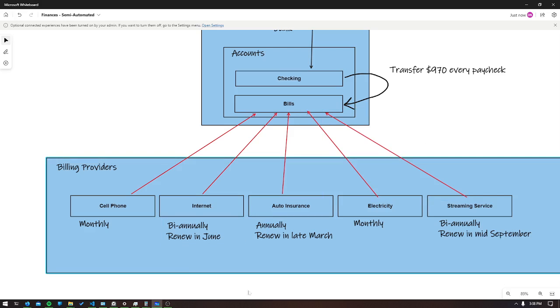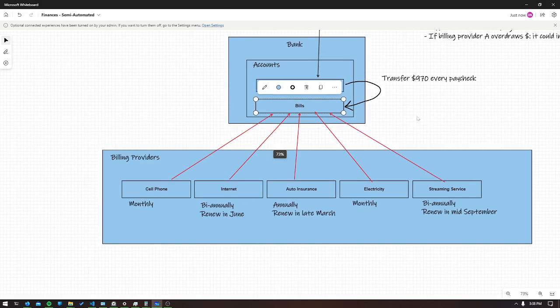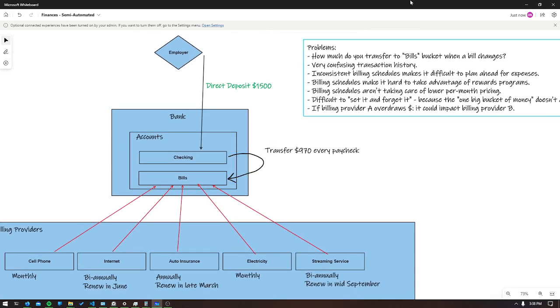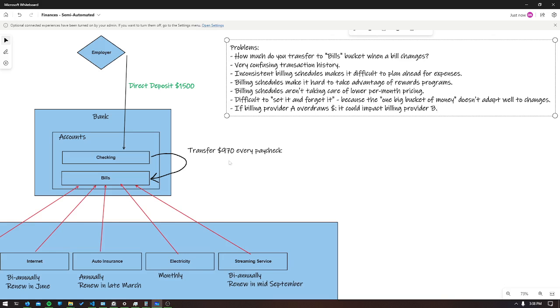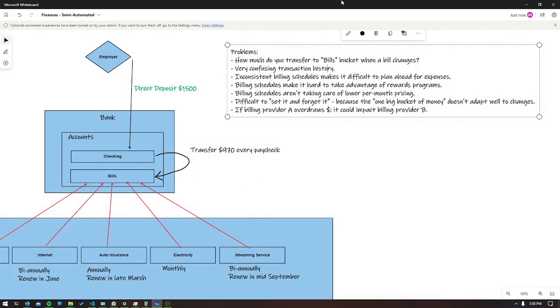In some months, you're going to have an internet bill go out, but not all months. Some months you'll have auto insurance go out, but it'll be pretty rare. Since these are renewing at different times throughout the year, the transaction history inside of this account is going to be really confusing, because from month to month the amount that's taken out, and for what reason, is going to vary quite a bit. So just looking at the transaction history, it's going to be hard to understand what's going on.